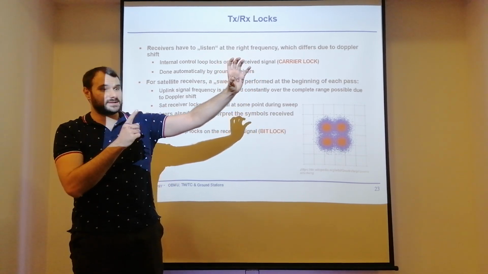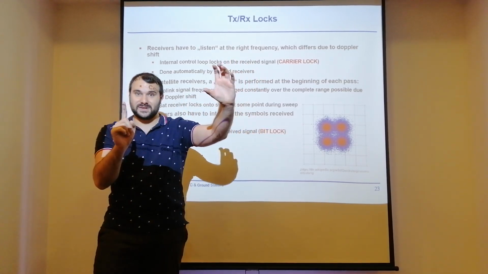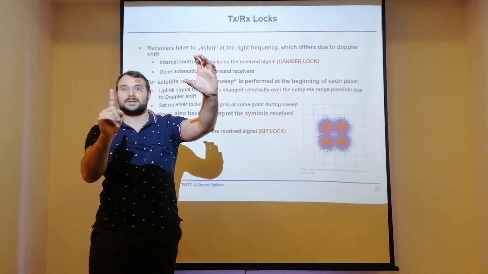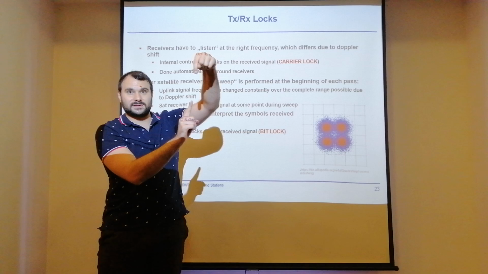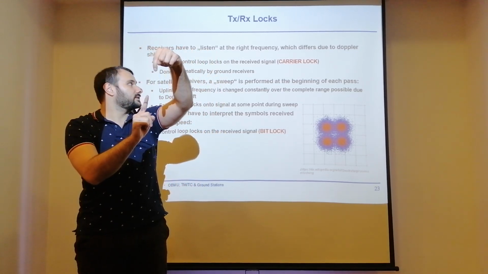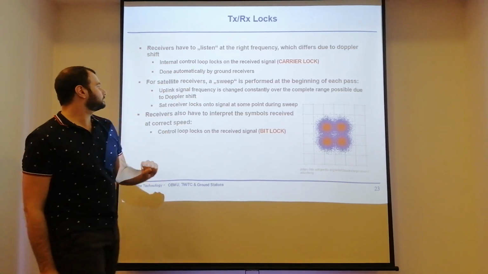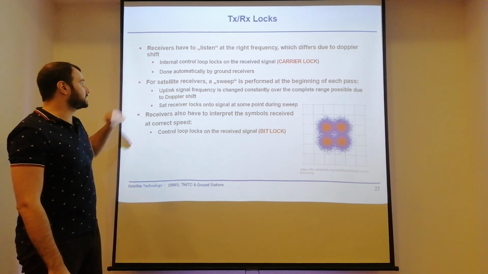Yeah? To lock on this, that's why you sweep, you shift your uplink signal within the Doppler shift range until the satellite has found it, locks onto it, and follows this. And the satellite will also tell you when it has acquired the so-called carrier lock. And that's why you usually have to sweep at the beginning of each satellite pass.